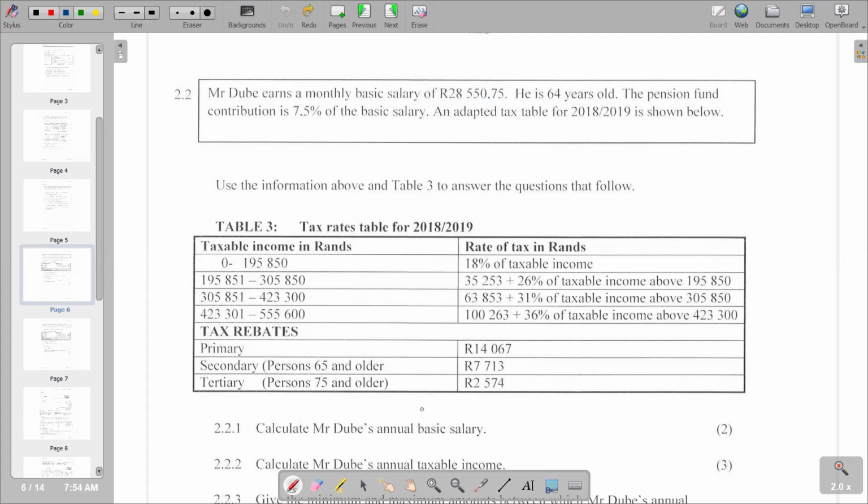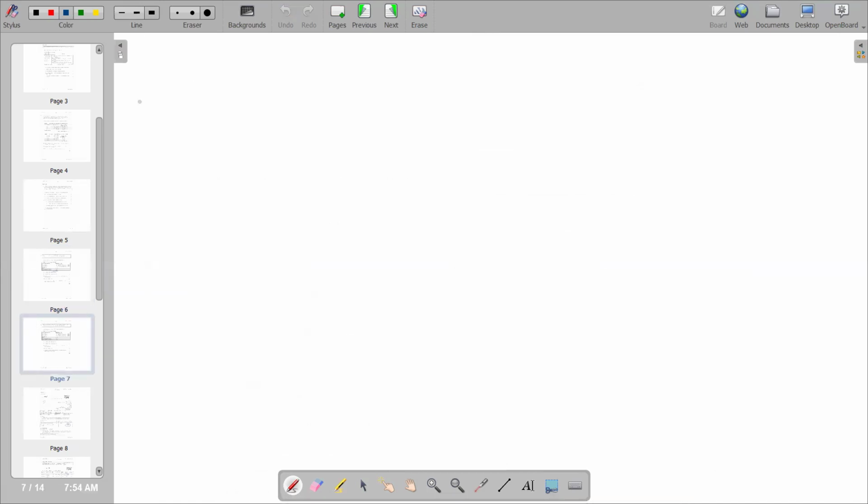For annual, remember it refers to 12 months. So we multiply 12 times the monthly, which is 28,550 rand 75 cents. So that's how we are going to present it.